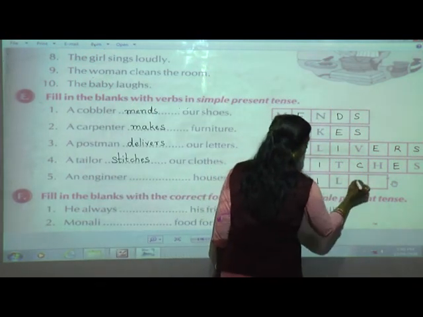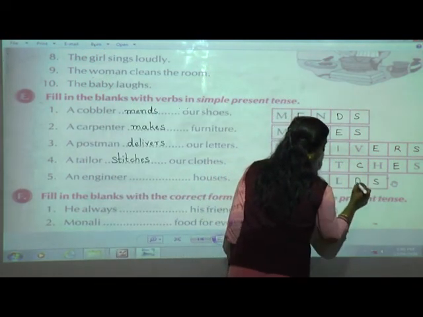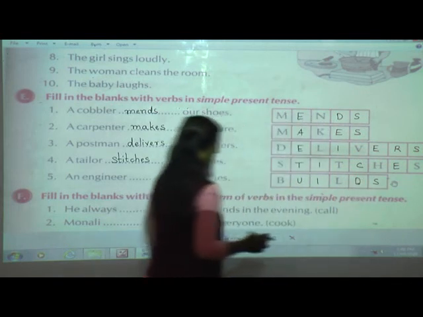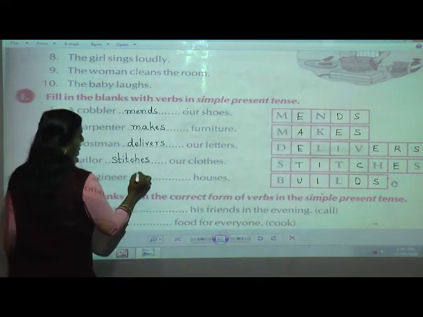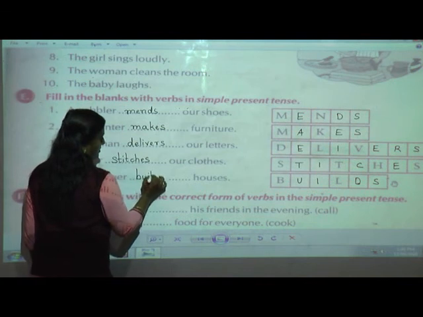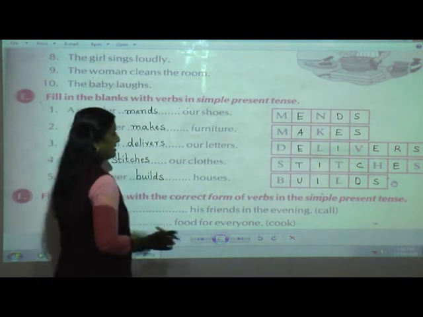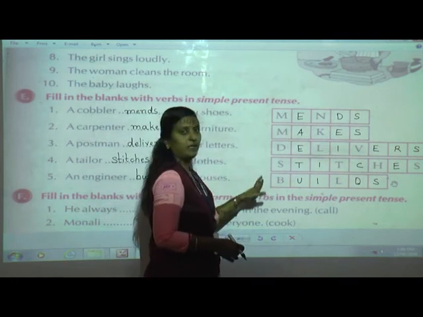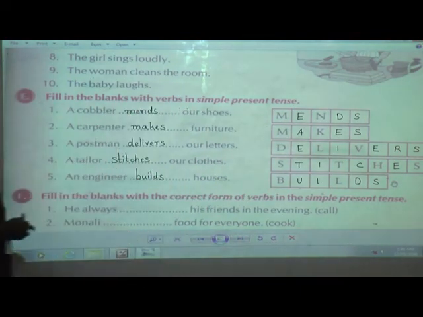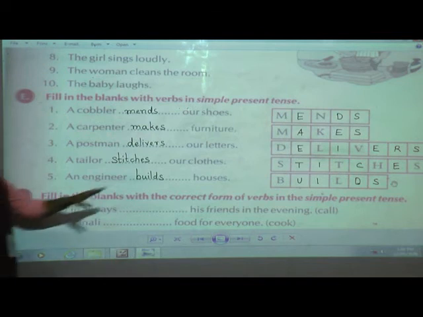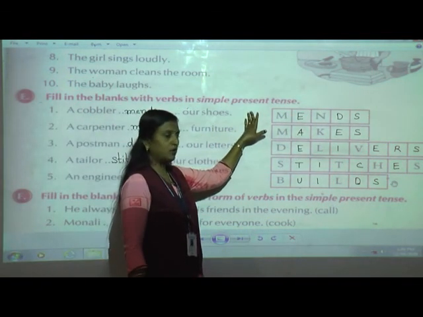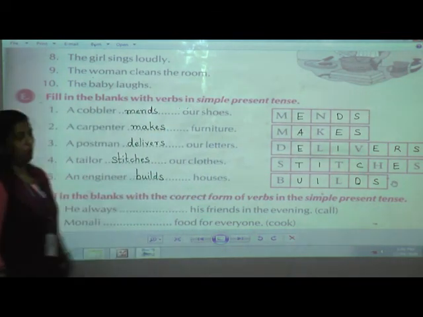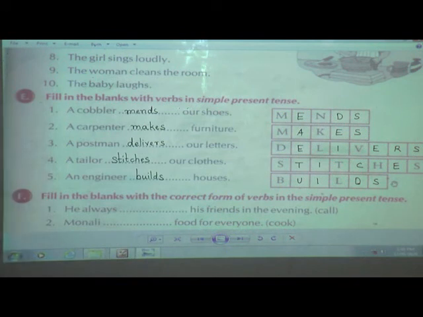Yes, he builds houses or buildings. See, as time is less, better you complete this first, and afterwards you can fill the blanks. Again I will tell you, first fill this, okay, and afterwards you can fill the blanks. Got it?